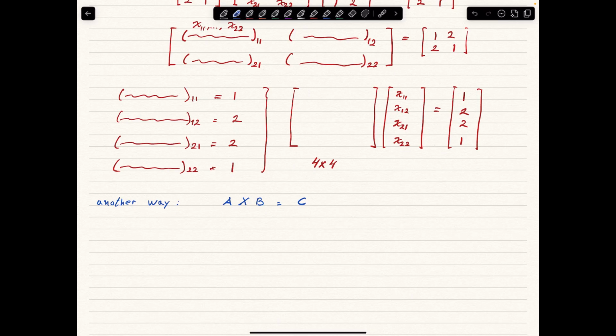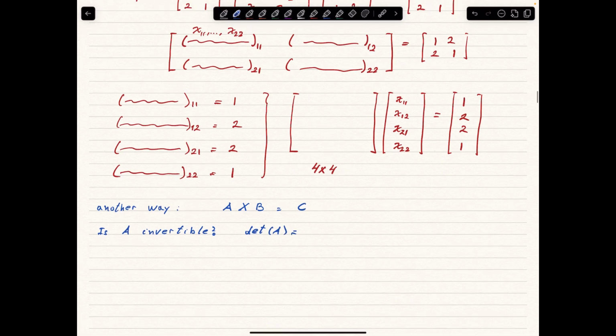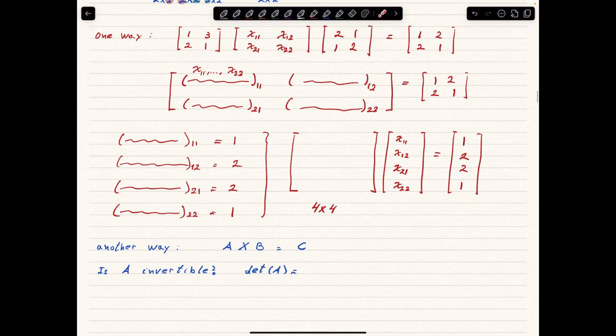And we can start asking the question, is matrix A invertible? Well, that is easy to decide. We just compute the determinant of matrix A, and matrix A is the first matrix here, so the determinant is going to be 1 minus 6, so it's negative 5, which is different from 0, so yes, it's invertible.